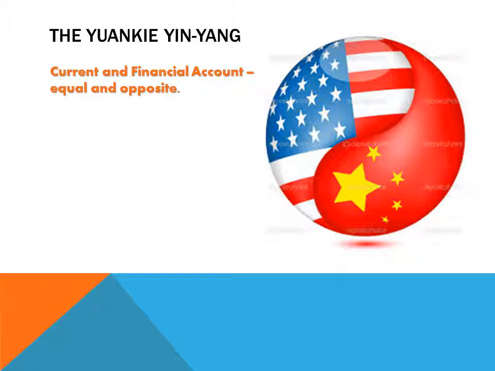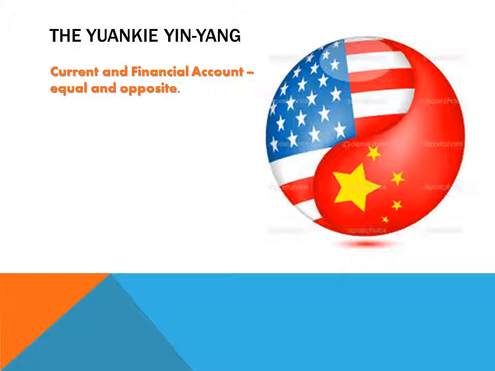But also there's a kind of internal two sides of the coin. Remember that the current account and the financial account must be, as an accounting identity, equal and opposite. So America's massive deficit on the current account is a massive surplus on its financial account.